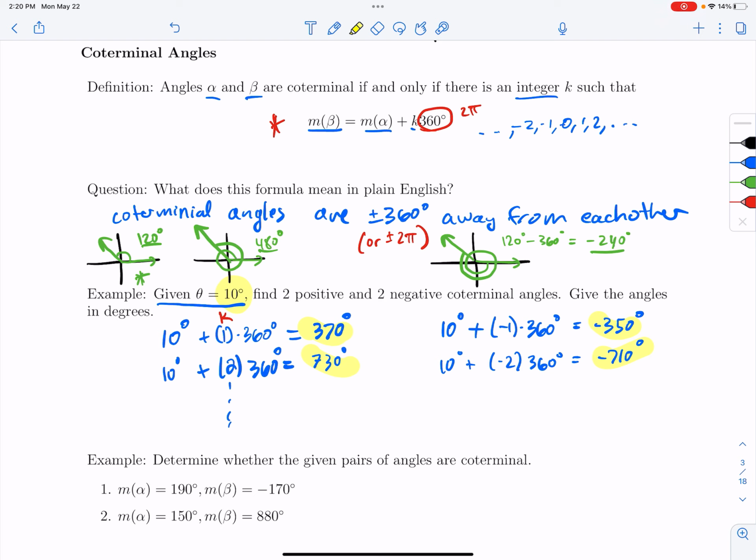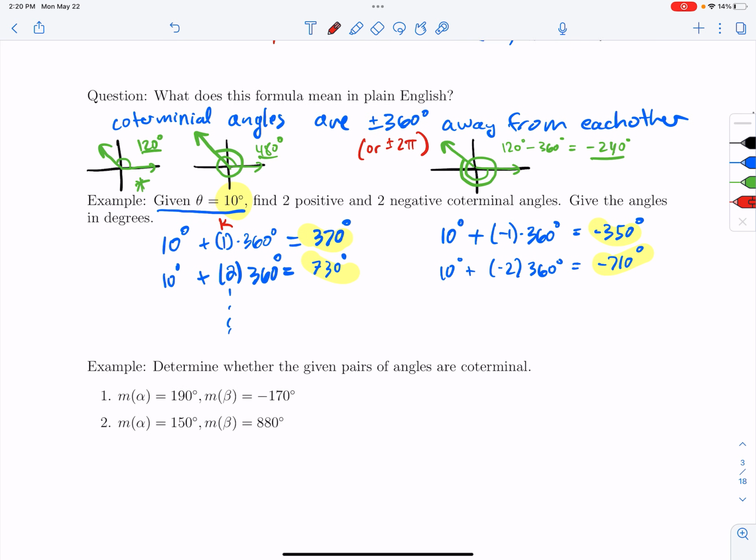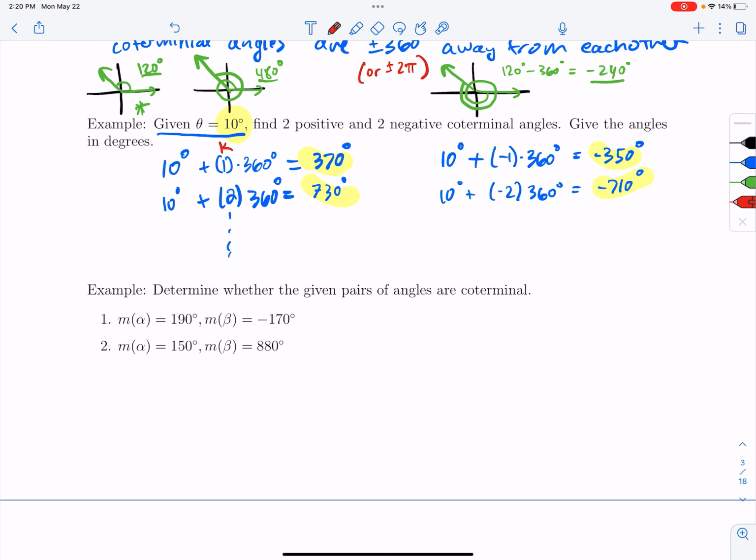In this next example, it says, determine whether the given pair of angles are coterminal. In other words, are these multiples of 360 degrees away from each other? For this first one, I'm going to take 190 degrees plus k times 360 equal to negative 170.